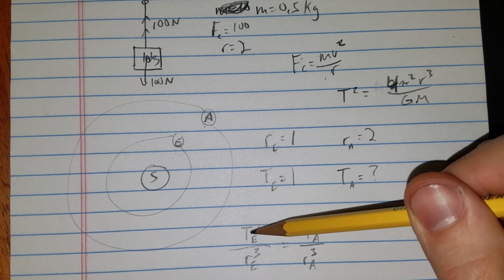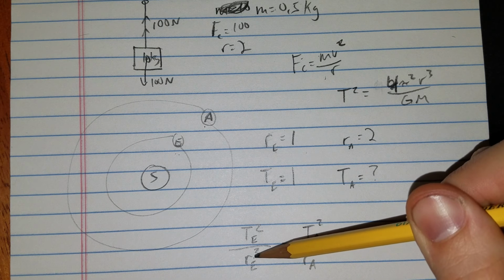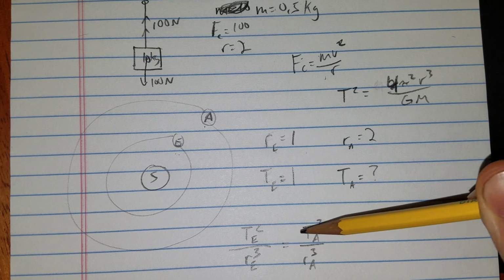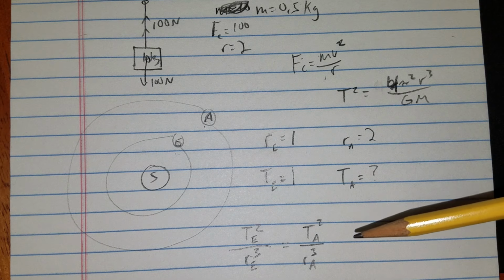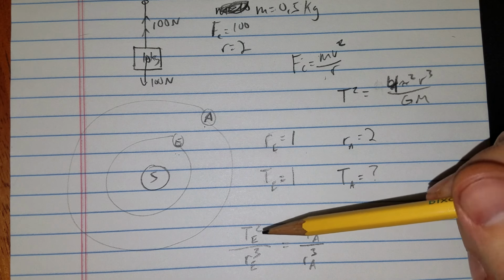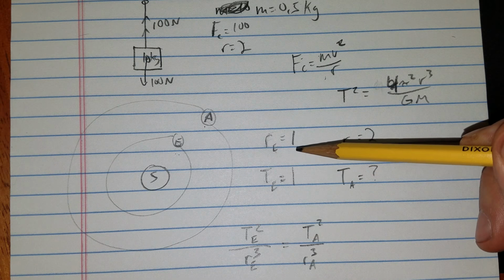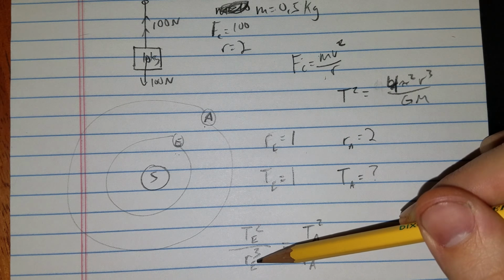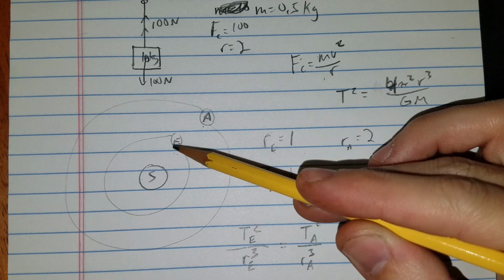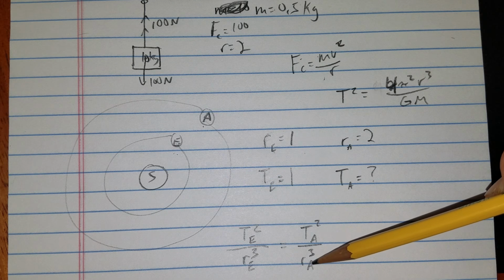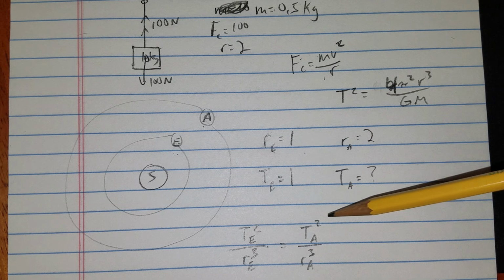So we have T squared over R cubed for the Earth, and that has to equal T squared over R cubed for the asteroid. We know that the period of the Earth is 1 year, and the radius of the Earth's orbit is 1 unit, and the radius of the asteroid is 2, so we can solve for T.